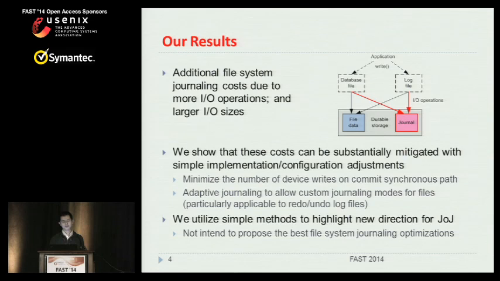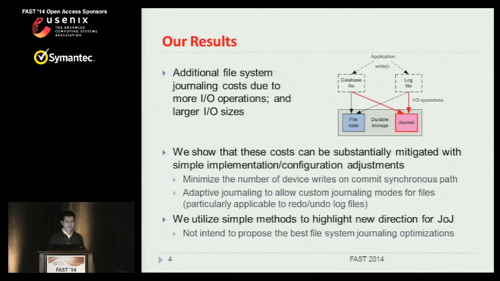There are two specific simple enhancements we're looking at in the paper. One is to minimize the number of device writes on the transaction commit synchronous path. Another method is to enable adaptive journaling so that each file can have its own journaling mode according to its specific I/O access pattern. And that we found to be particularly applicable to redo and undo log files for lightweight databases.